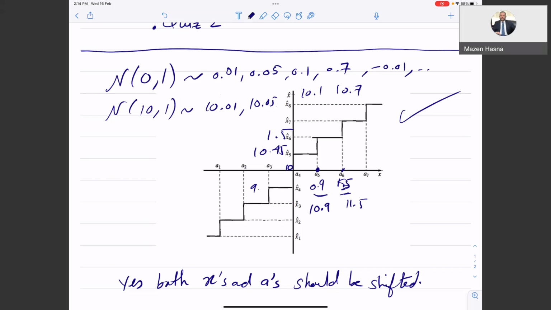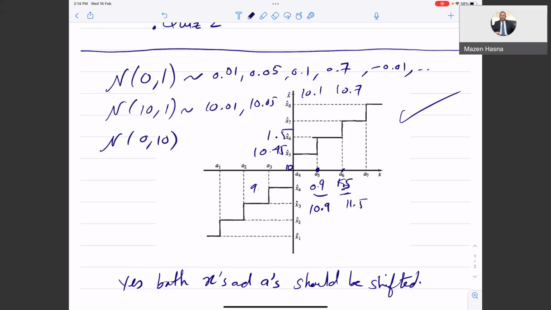Sure. Again, changing the mean will shift the quantizer left and right and up and down. Changing the variance will change the distances between the points, like stretching. If I have N of 0 and 10, what will happen?